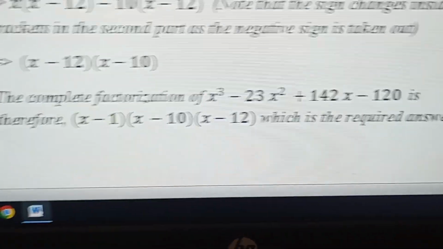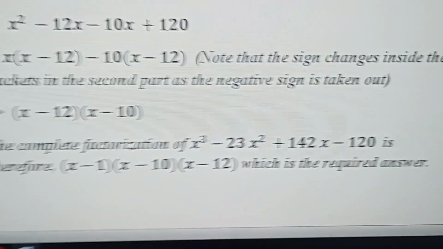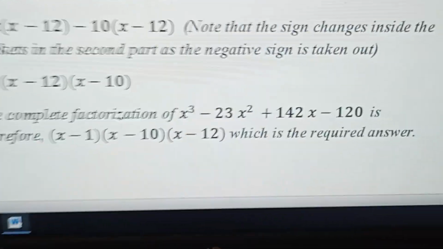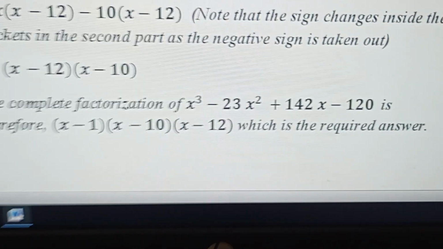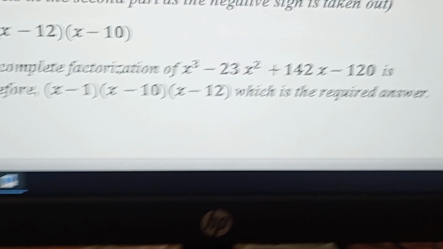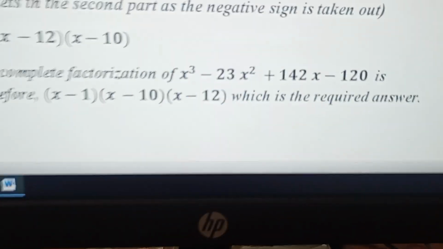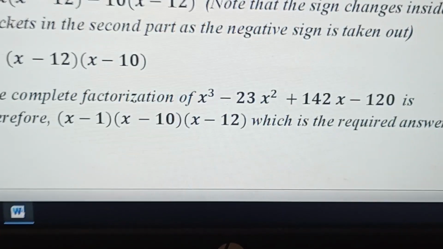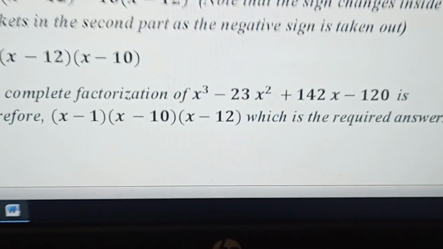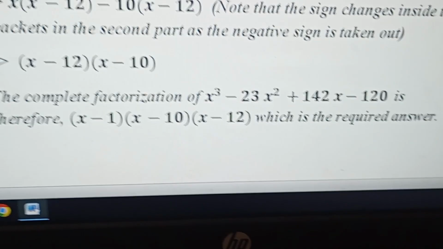And therefore, we get x minus 1, we arrange them in some order, say ascending, or whatever way we wish. But we have given it in this order: x minus 1 into x minus 10 into x minus 12, which is the required answer.